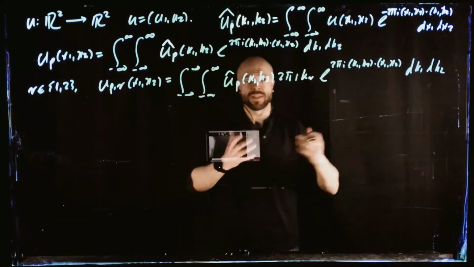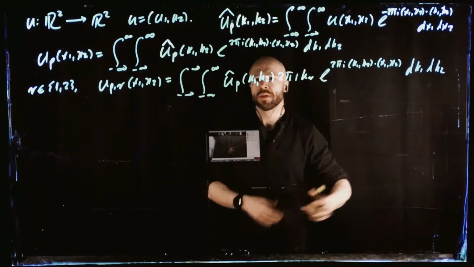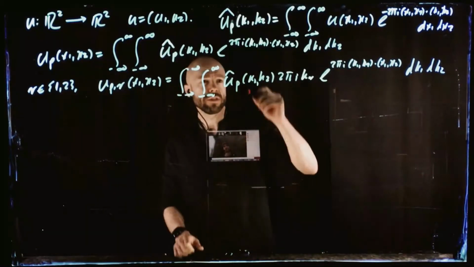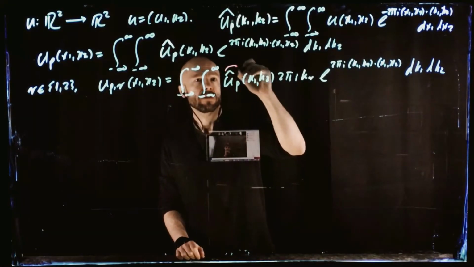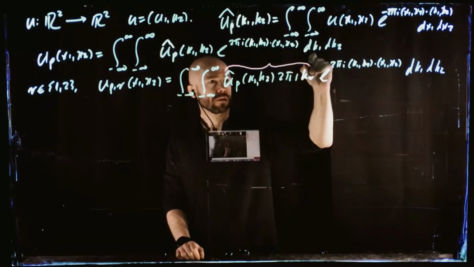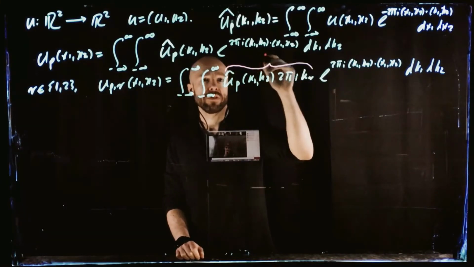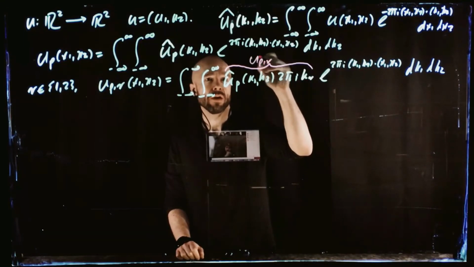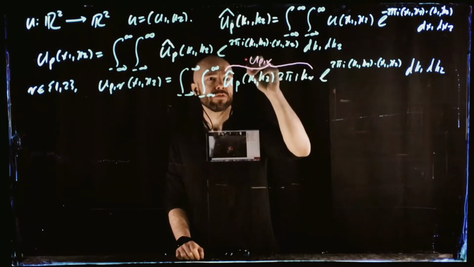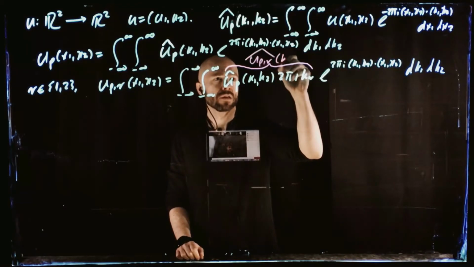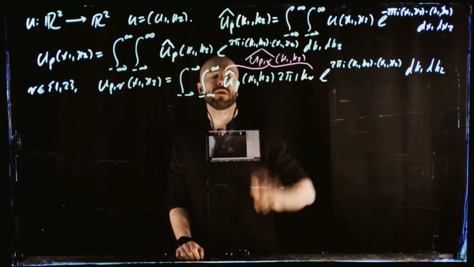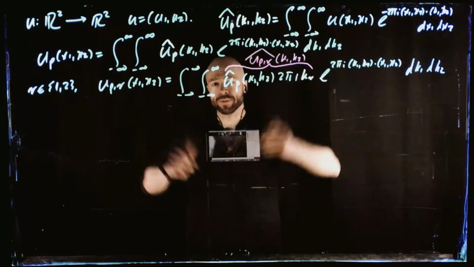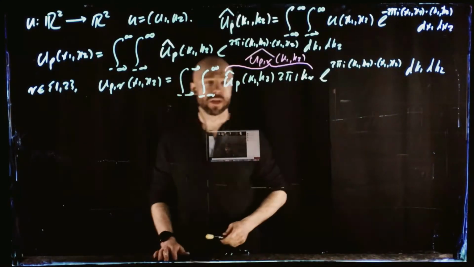And since this representation is unique, instead of putting this thing here, we instead could have the Fourier transform of the partial derivative of u with respect to x_r, evaluated at k1, k2. That would also be true because that's our theorem. That's what Fourier representations tell us, right?